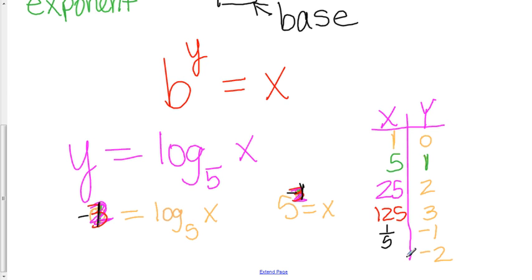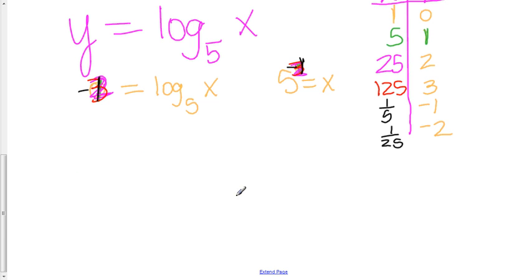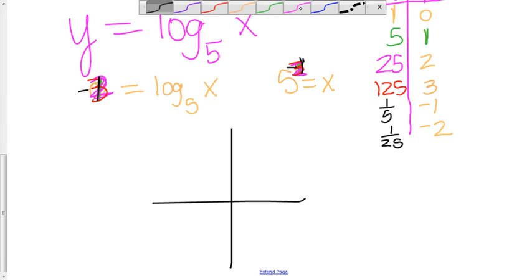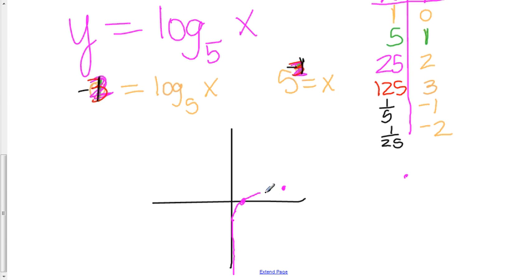And 5 to the -2 is going to be 1 over 25. So if you were to graph this, you would have coordinates at (1, 0), (5, 1), (25, 2), (125, 3), which is way off the board, (1/5, -1), (1/25, -2), and so on and so forth. And so it looks like that.